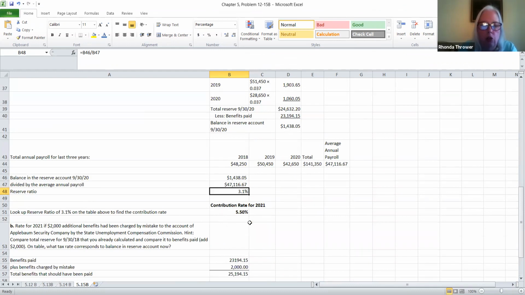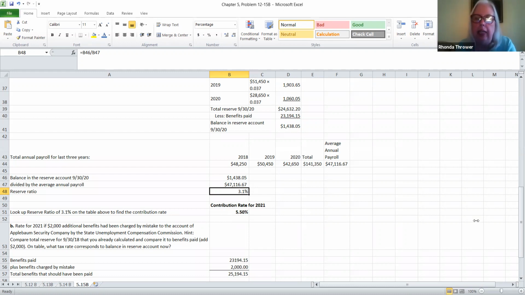So this is your contribution rate. So the reserve ratio, you're going to look it up on the table above, and this is going to be your contribution rate. This is what they're going to have to pay in taxes as a tax rate for SUTA taxes in 2021.